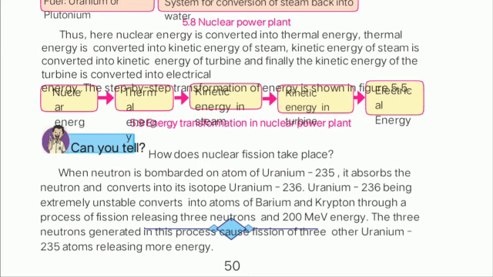The 3 neutrons generated in this process again cause fission of 3 other uranium-235 atoms, releasing more energy. Understood? We initially give the neutron, and afterward the process sustains itself. Every time you won't have to supply the neutron.